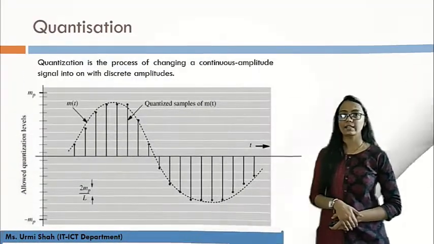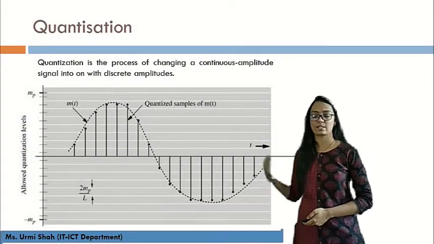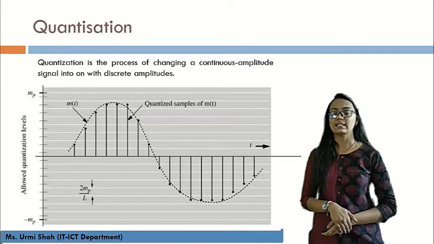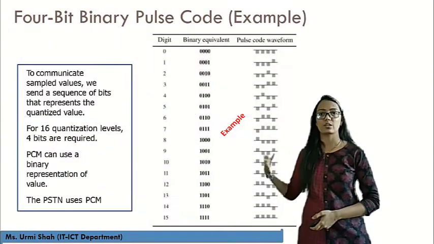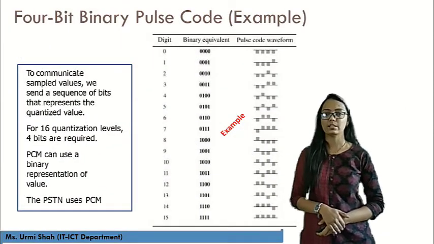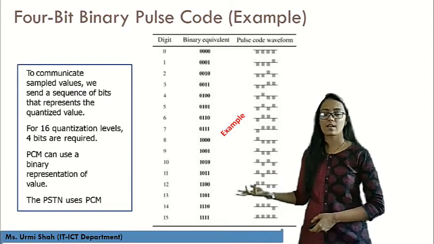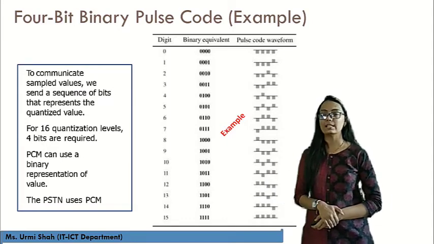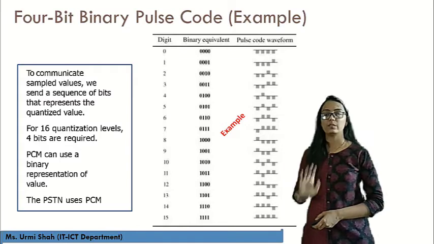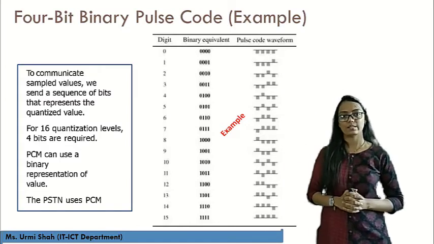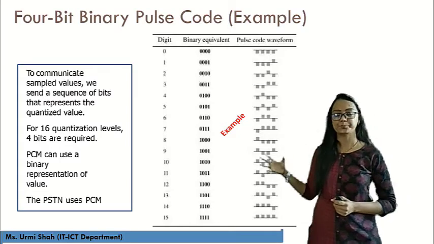Now moving ahead, this was our quantization process, and next we will discuss the corresponding amplitude values or codes, which we call pulse code. One example has been presented over here.